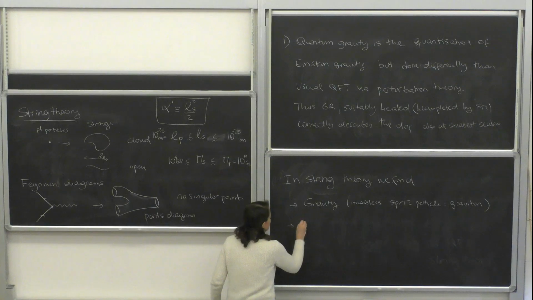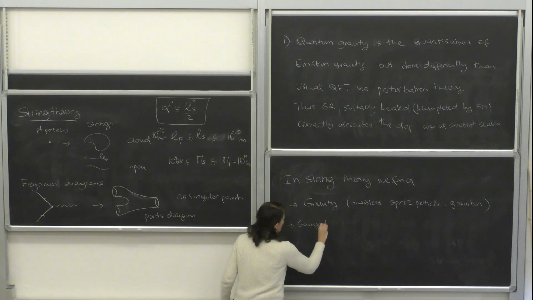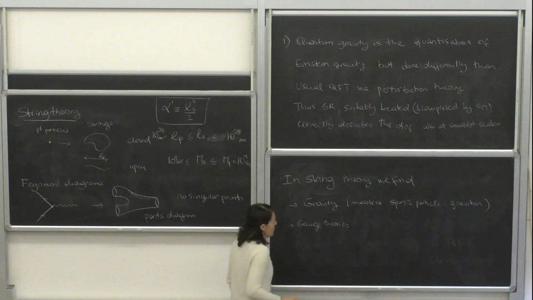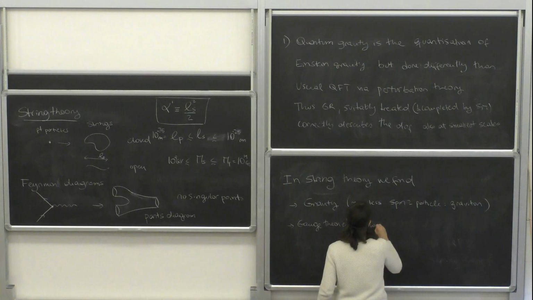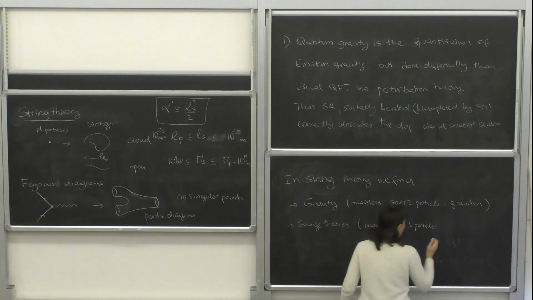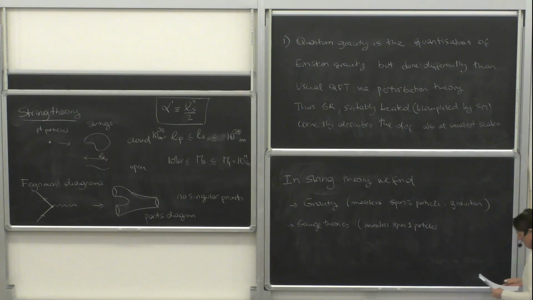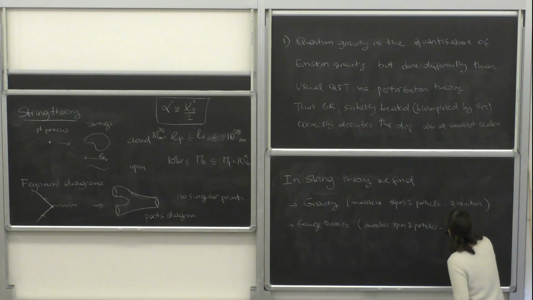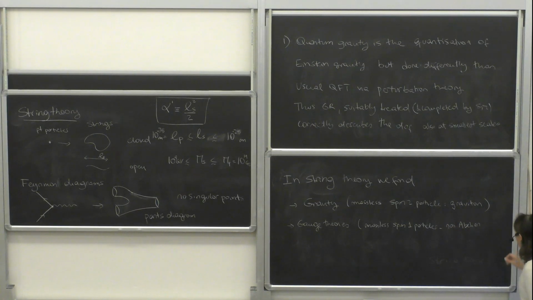We'll find gauge theories. Which means massless spin one particle, and this corresponds also to non-abelian. So, I don't know, photons, gluons, I mean, can be abelian, non-abelian.